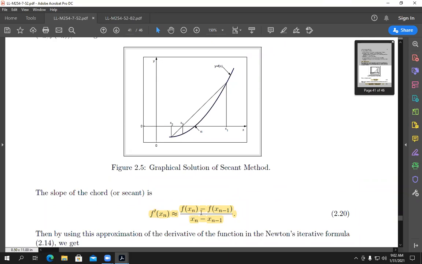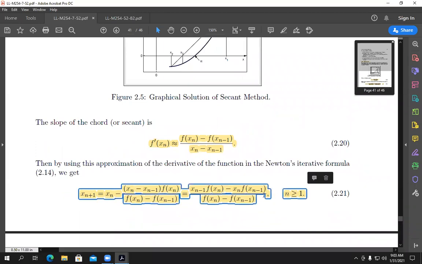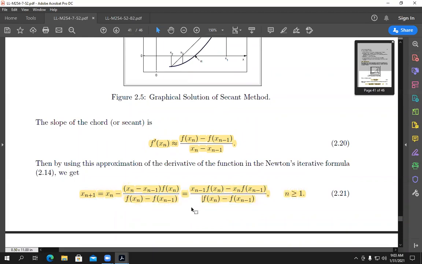I don't know if you remember your Math 150 or not. In Math 150, you have this formula for the slope, and the slope means the derivative at the given point. This is the formula we have. So in the case of the Newton formula, instead of using f dash, the derivative, we use its approximate value. When you put this value into the Newton formula, we have a new shape of the Newton formula, and this shape is called the secant formula.